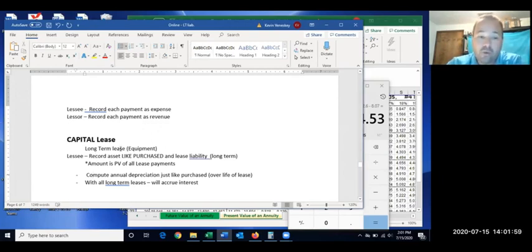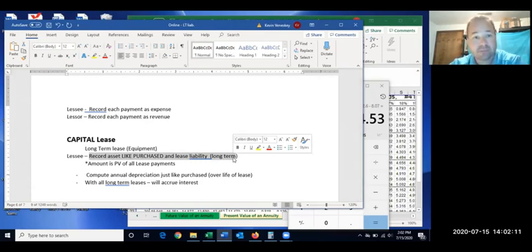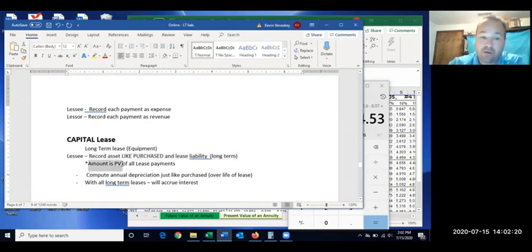So when you have a capital lease, you have to treat the situation differently. First, you actually record it like you bought it. You debit equipment and you credit this payable account, this liability account, the lease liability. And you're going to record it at the present value of all of your lease payments.